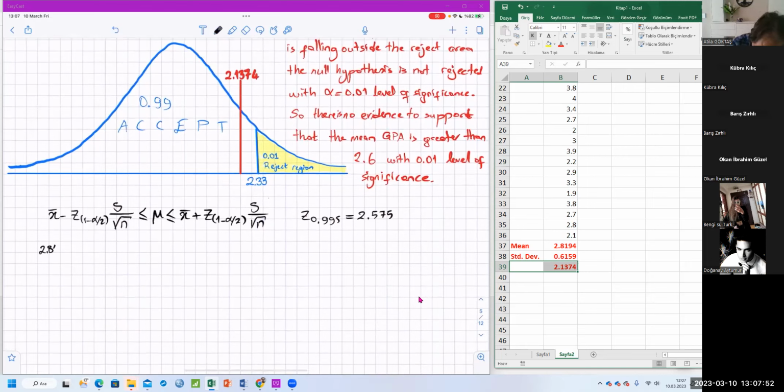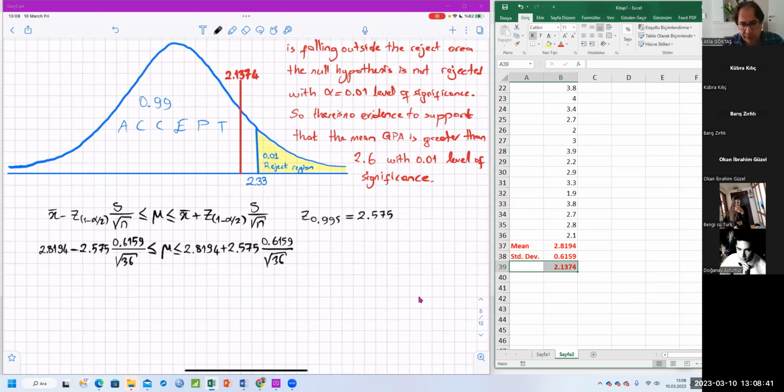So this is 2.8194 minus 2.575 times the sample standard deviation, 0.6159, divided by the square root of 36, less than or equal to mu, less than or equal to 2.8194 plus 2.575 times 0.6159 divided by the square root of 36.